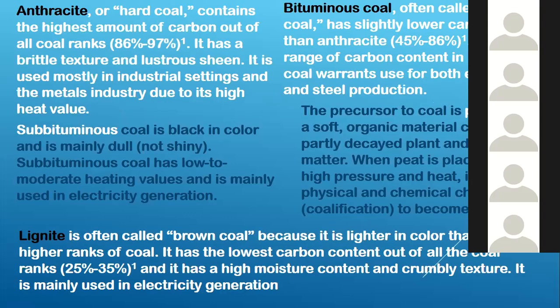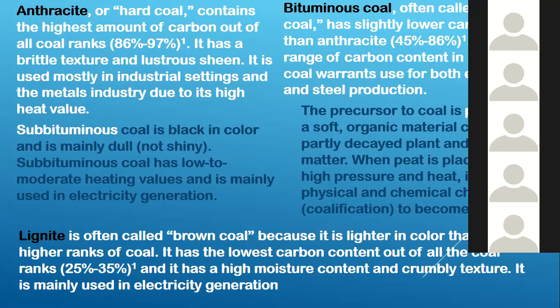Then bituminous coal makes up 52% of the world's coal reserves, and is mainly used in the generation of energy from coal, and in the metallurgical industries. I hope you remember when we talked about the metallurgical industries, mainly in mixing iron ore.